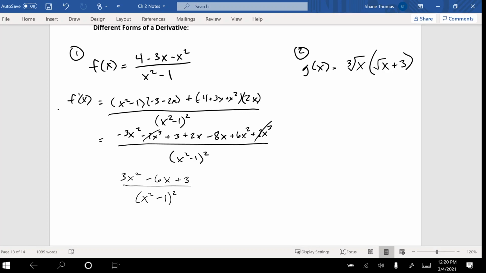Now, just looking at this, I think I might be able to factor. I'm going to factor this top. I'm going to pull that 3 out first. So 3 times x squared minus 2x plus 1. Can I factor this guy now? Negative 1 and negative 1, right?